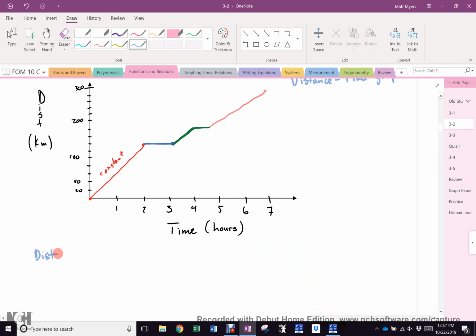Okay. So now in this white space right here, distance, and I'm using the same blue I used up there, distance is scalar. And that's a new word for you, unless you've done some physics in Science 10. Scalar means it only has a magnitude or a size.